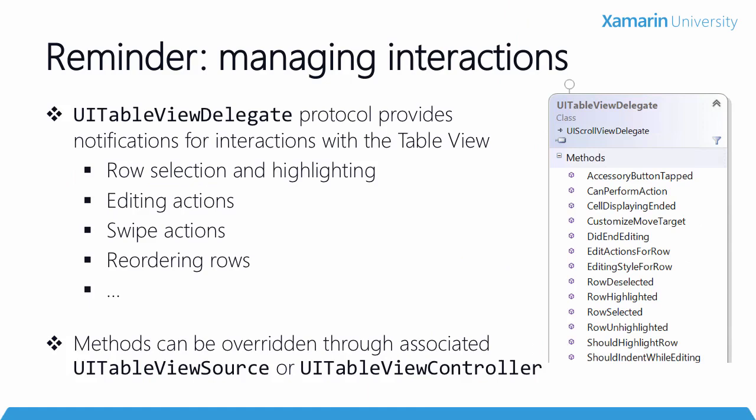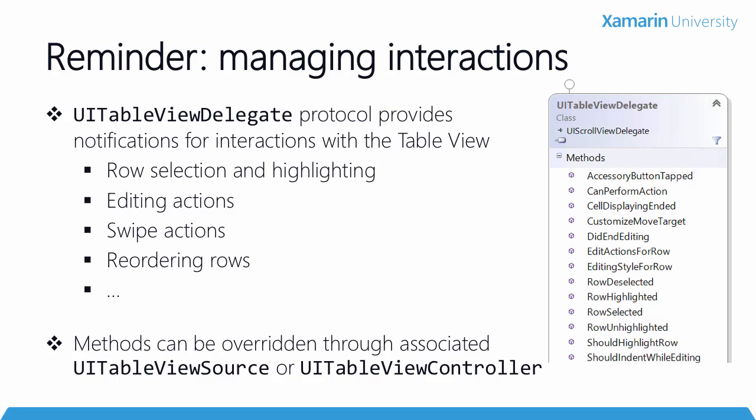Let's start with a little bit of a reminder from IOS215. Remember that the table view has 2 objects which together supply the data and the behavior. The data source provides the data, and it provides methods to interrogate the data, and the associated delegate receives notifications about interactivity such as selection, highlighting, and when you tap things like the accessory buttons.